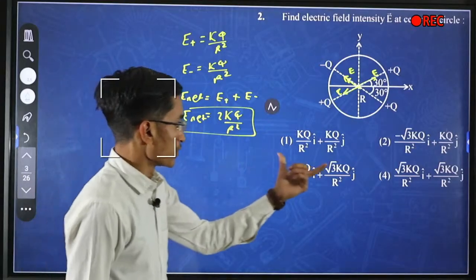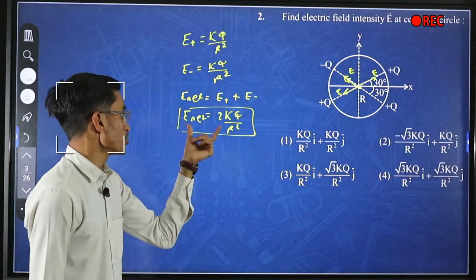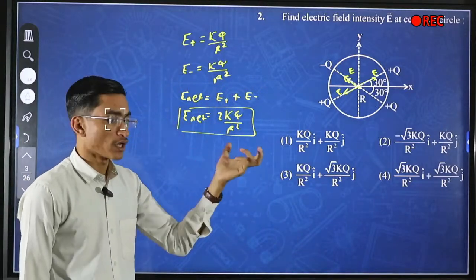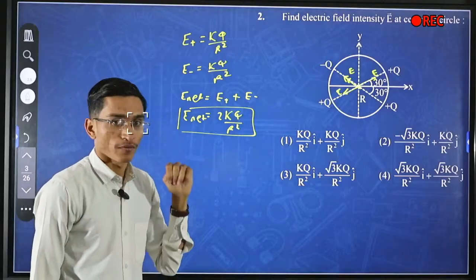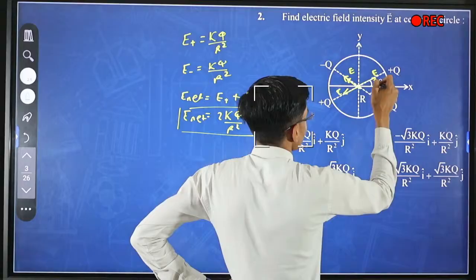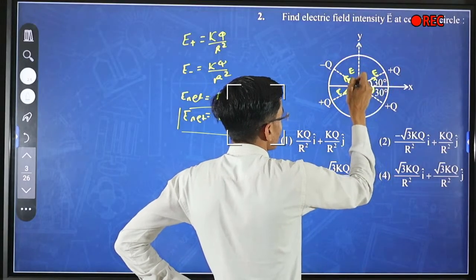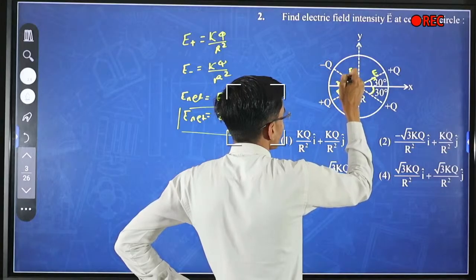But here the answers are given in vector form. This is the net magnitude of the electric field, and we have to calculate the vector form. We can see that this angle is 30 degree, and this is also 30 degree.